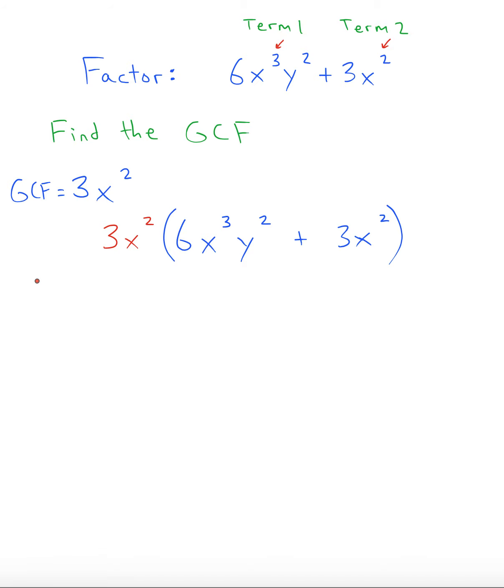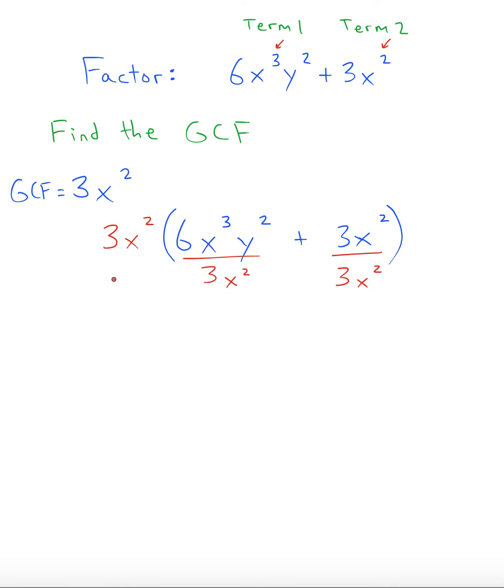But then what we'll do is we'll divide each term by the GCF as well. See, multiplying and dividing, those are operations which would cancel each other out. So I haven't really changed the expression. All I'm going to do is change the form of it into a factored form.